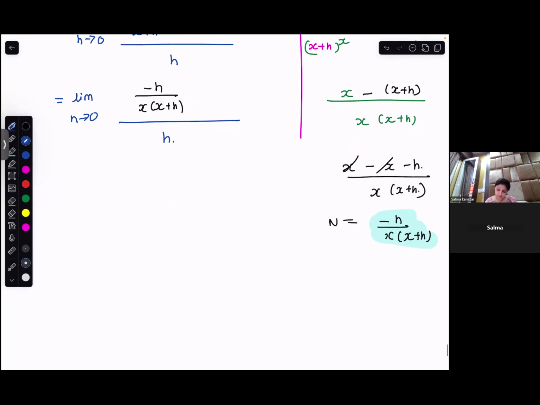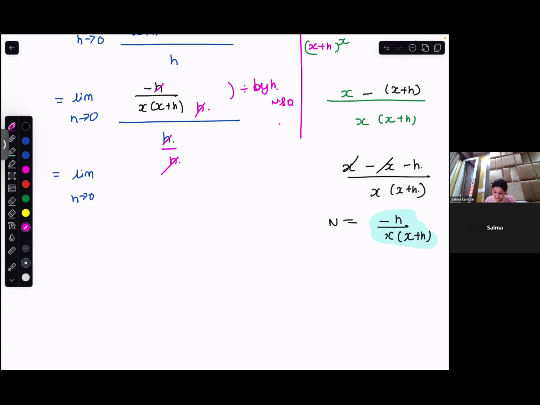Okay, now I'm going to simplify by dividing by h on both the sides. So it's going to be limit h tends to 0. I'm going to divide by h. I will divide by h my numerator also and my denominator also. So if I'm dividing by h, the numerator and the denominator, this h and h will go away, and h and h will go away.